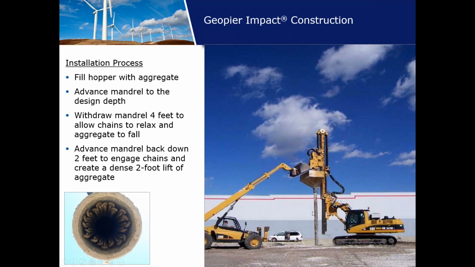And much like the GP3, that process is repeated over and over until we get to the ground surface. The main difference being this is a bottom feed system where the aggregate flows out the bottom of the mandrel, as opposed to the GP3 where we're dumping aggregate from the top, i.e. a top feed system.